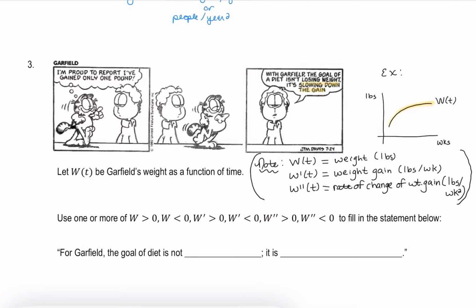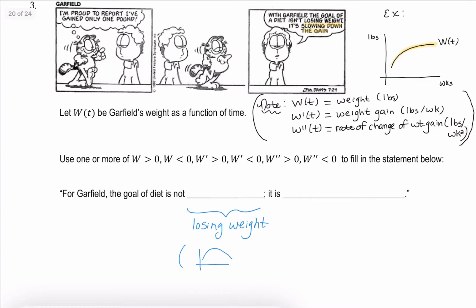So for Garfield, it says the goal of the diet is not, so notice the negative, losing weight. This is what the joke said. I have to fill in the right inequality that represents weight loss. If I think about what losing weight might look like, his weight function W of t would be decreasing.